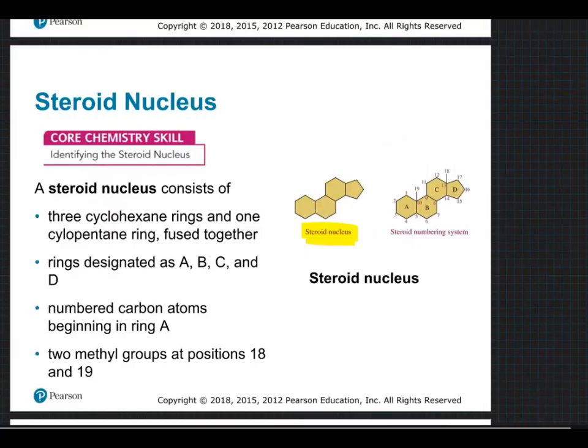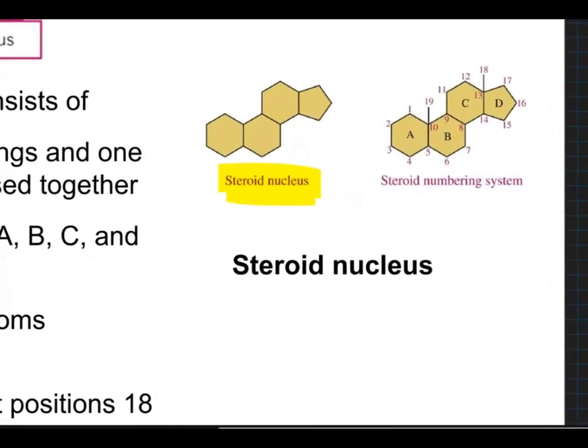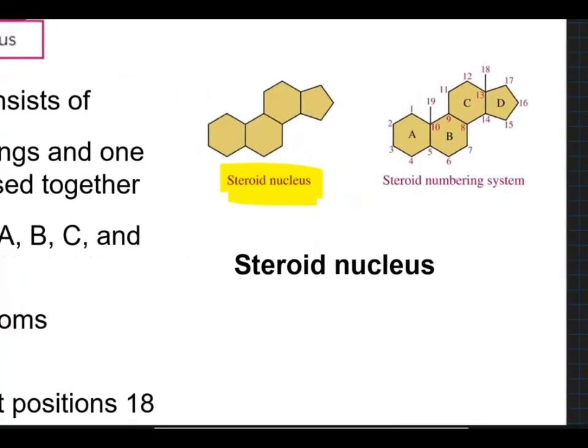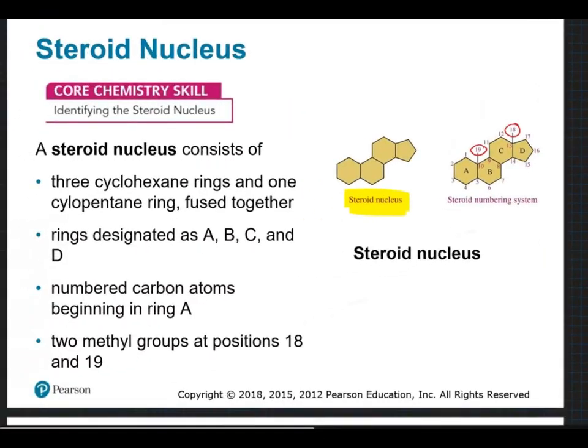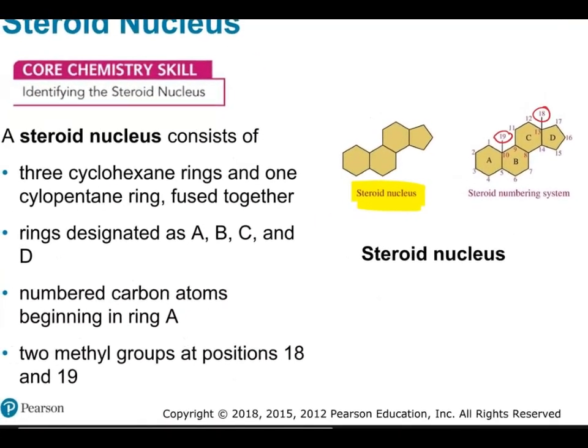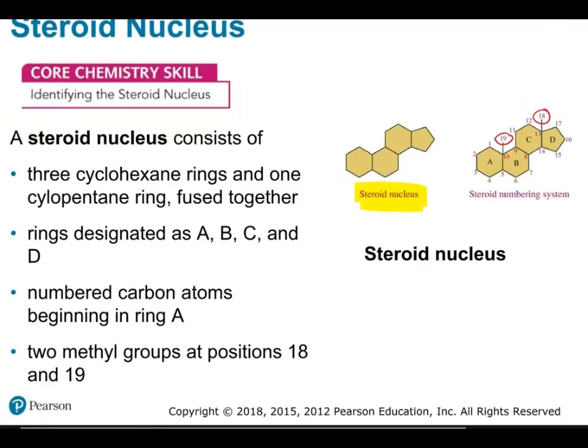So in the steroid nucleus, there's a couple more things I want to highlight. Since this is a line angle formula, 19 and 18 are carbons of methyl groups. So overall, this nucleus is pretty hydrophobic.